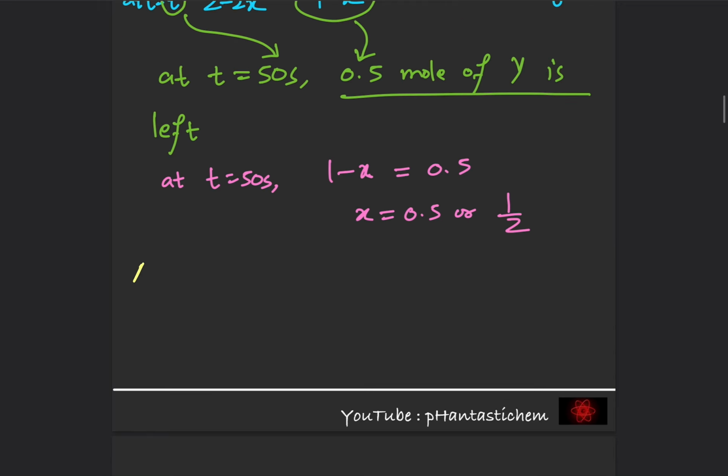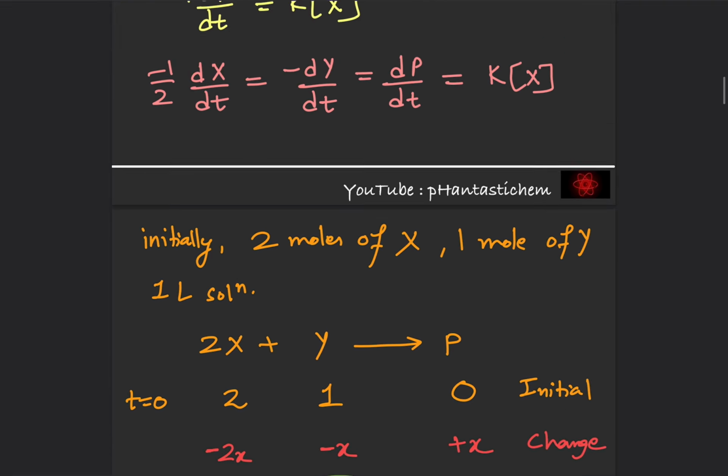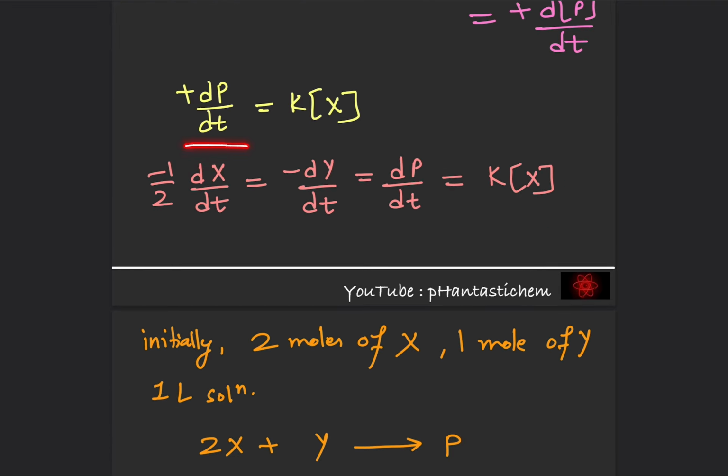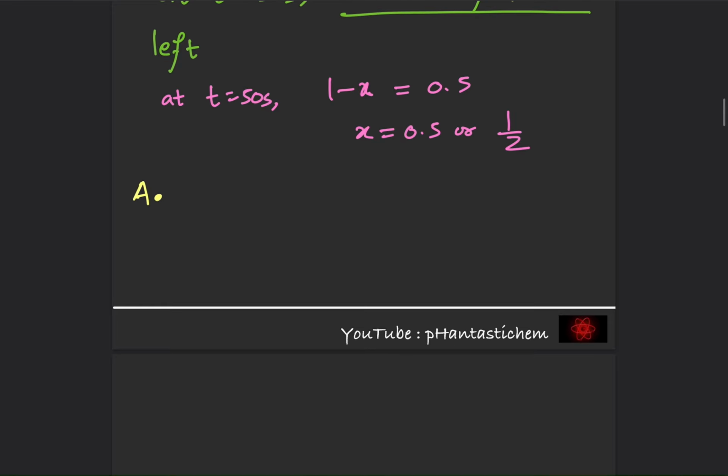Option A. In option A, we are supposed to find the rate constant of the reaction. We know that minus 1 by 2 dx by dt will be equal to k into the concentration of x. So I will write that down: minus 1 by 2 into dx by dt equals k into concentration of x.